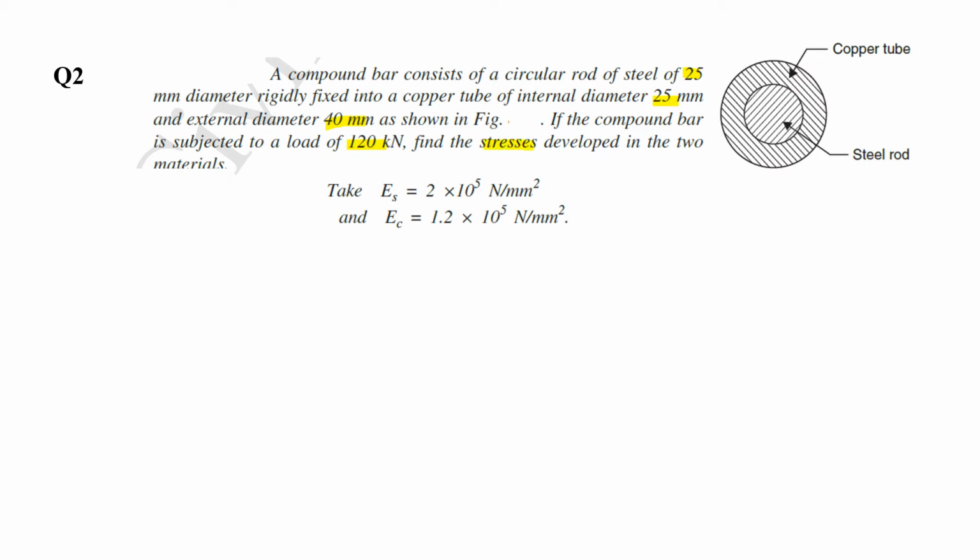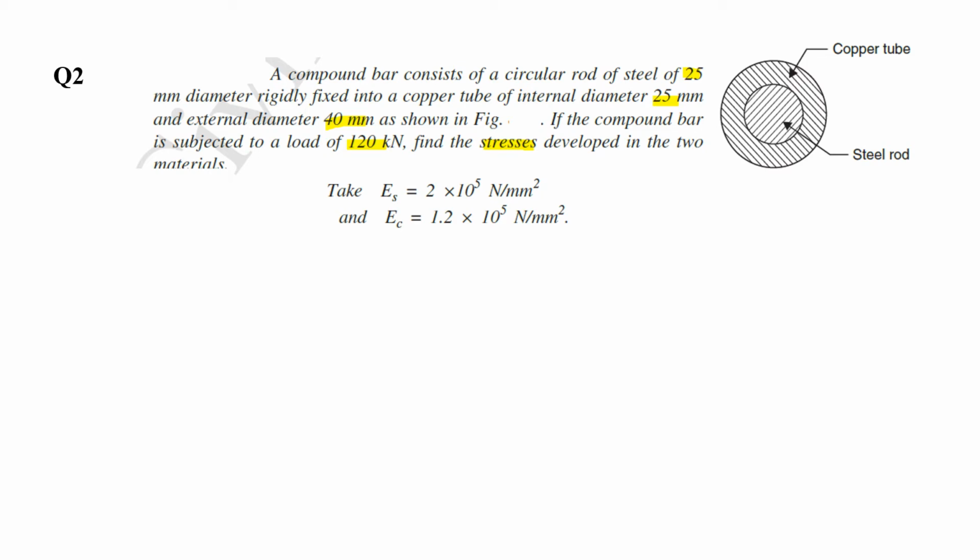Similar to the previous one, but the nature of load is not given here, whether it is compressive or tensile loading. Anyway, when it is subjected to loading, the change in length of the steel rod will be equal to the change in length of the copper tube, since they are rigidly fixed. Then the values of modulus of elasticity of steel and copper are given.